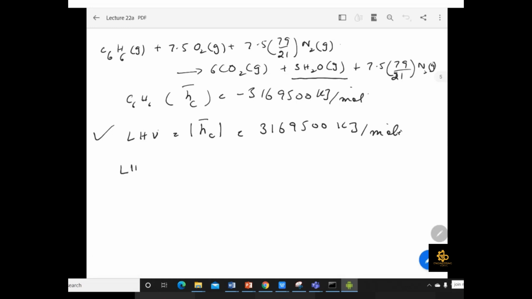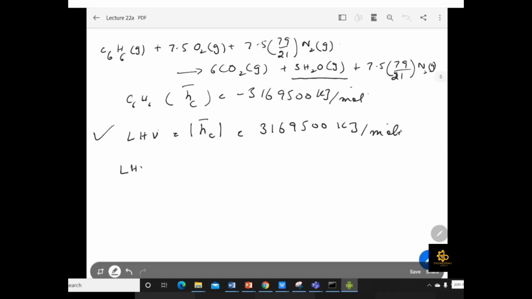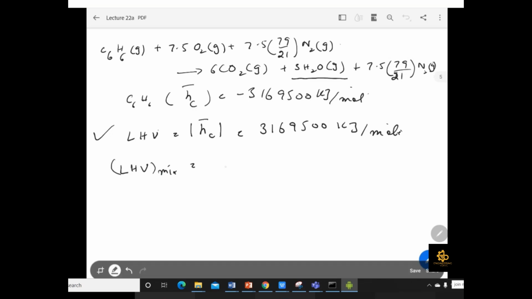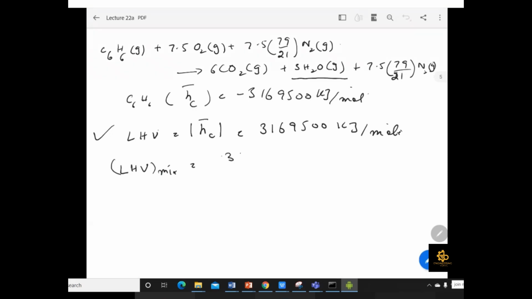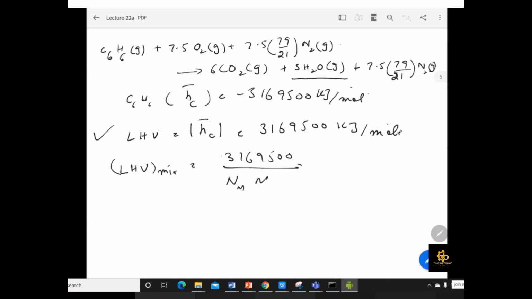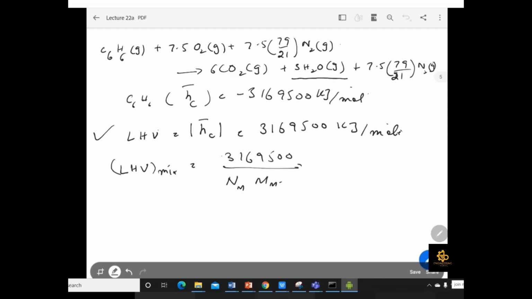Here we have to find the lower heating value of the mixture. So what we have to do is divide 3169500 by the number of moles of mixture times the molar mass of mixture. So what is the mixture?